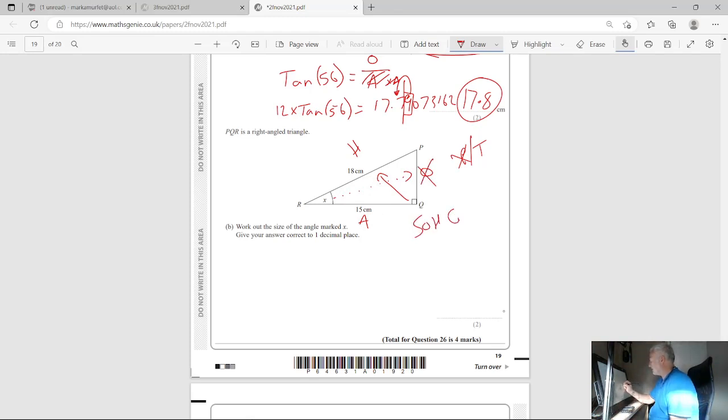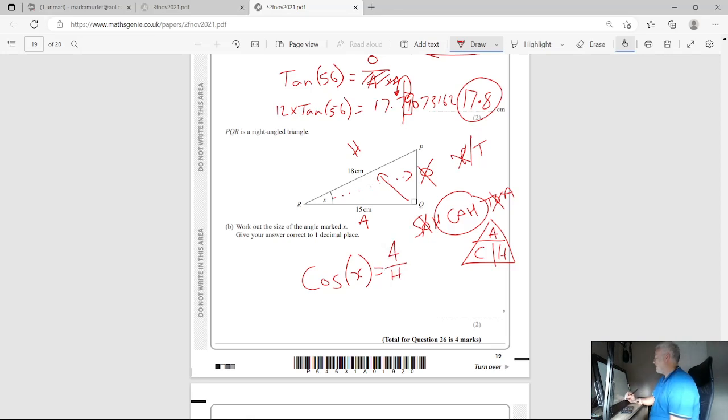So I'm having to use cos of x equals, here's my triangle, cos: adjacent over hypotenuse. Adjacent divided by hypotenuse. So the adjacent I know is 15.